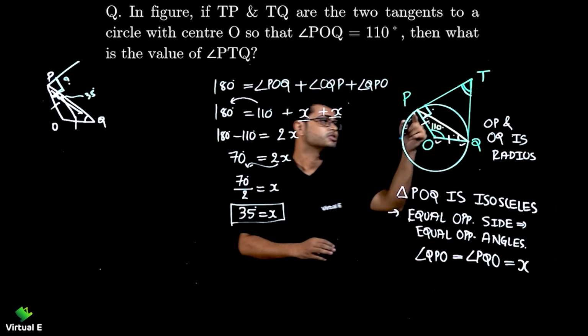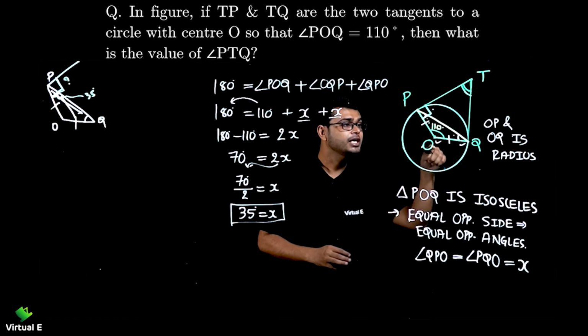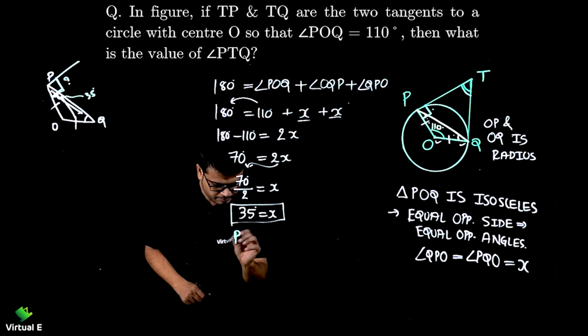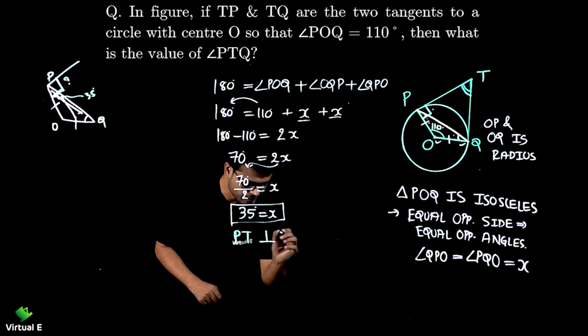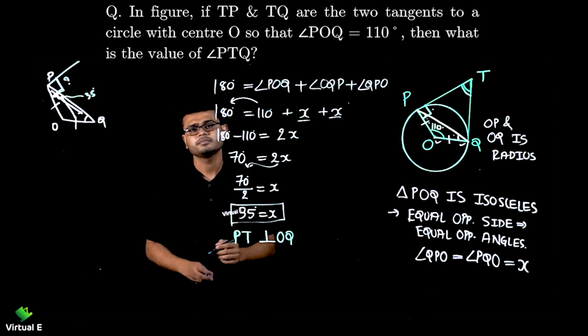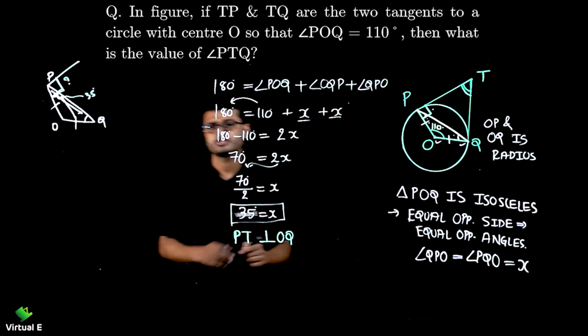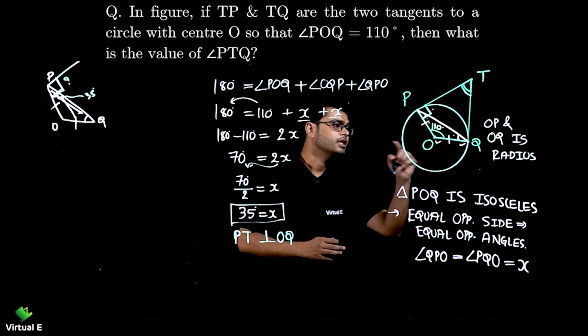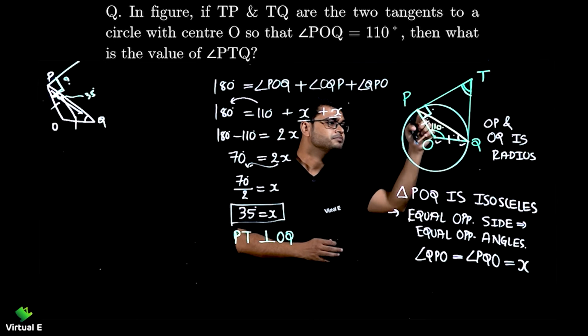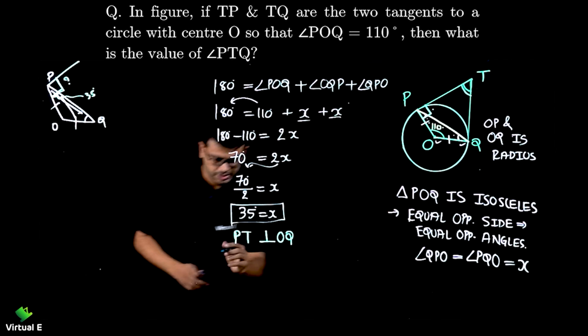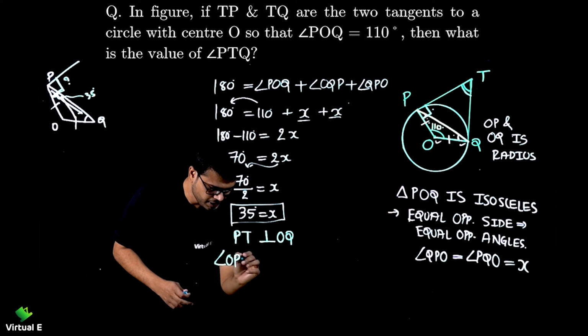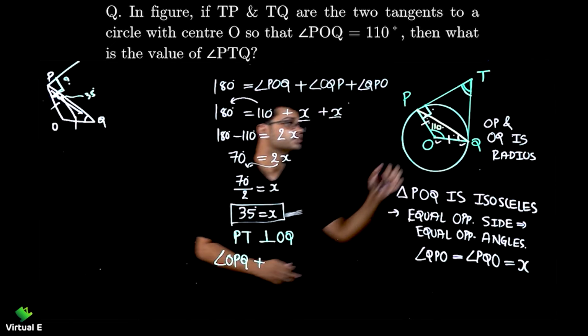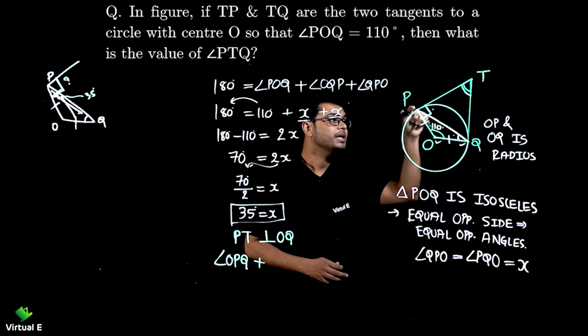Let's do that one. So we can write that PT is perpendicular to OQ. Done? This is the radius and this is your tangent. They are perpendicular, 90 degrees. So let's write one equation. Angle OPQ plus angle QPT.